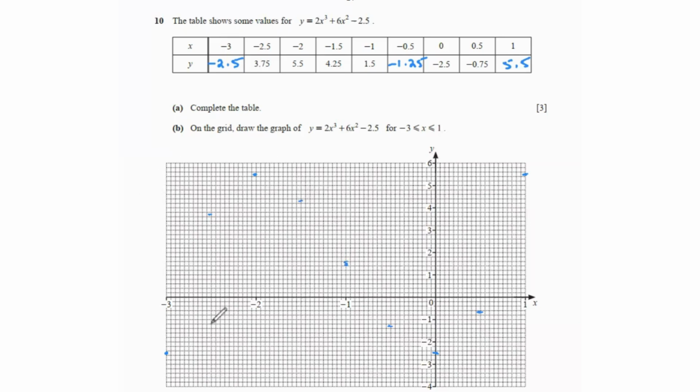Okay, now we can connect them correctly. This is so not looking good. I think I should draw this one again. Okay, finally, this is our graph.